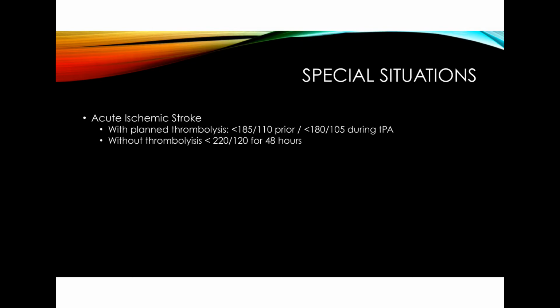Patients who are not candidates for TPA should have a more liberal target of less than 220 over 120 for the first 24 to 48 hours. That's called permissive hypertension, and it helps to maximize blood flow to the ischemic penumbra around the infarcted brain tissue and keep it from dying along with the core infarcted brain tissue.